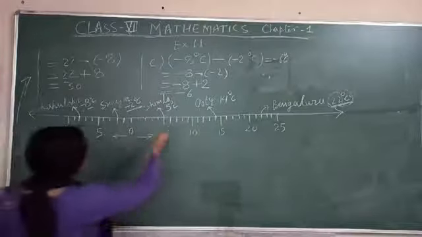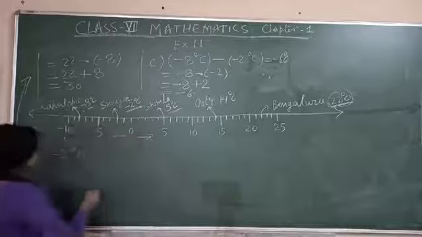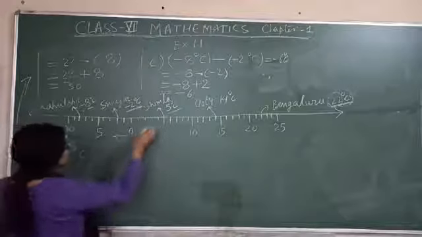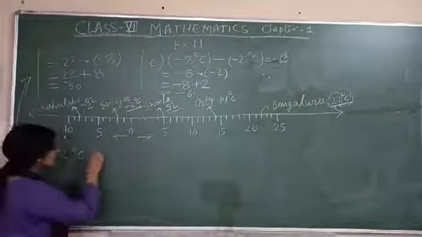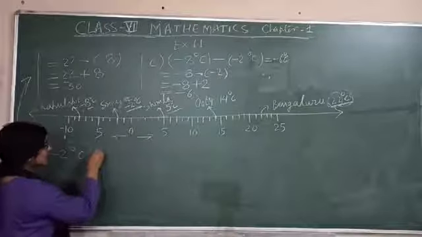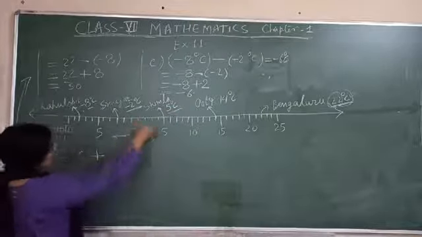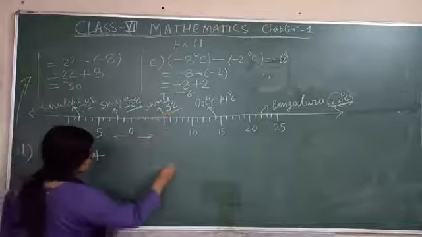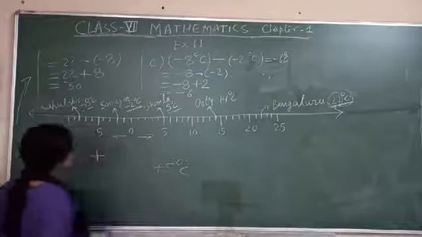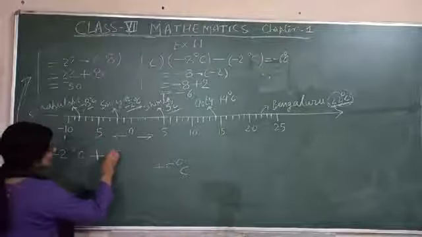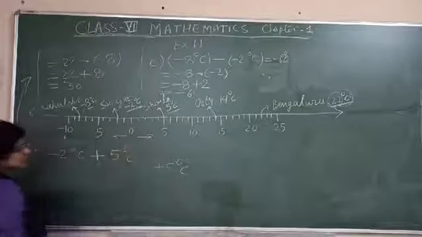And temperature of Simla. Taking together, so we will do plus here. साथ में ले रहे हैं तो प्लस करेंगे. And temperature of Simla is 5 degrees Celsius. It means this one plus 5 degrees Celsius, so we can write this directly as 5 degrees Celsius.